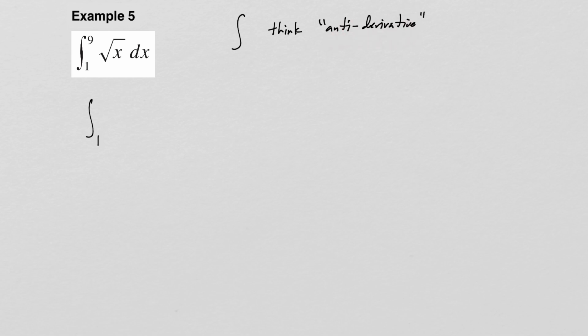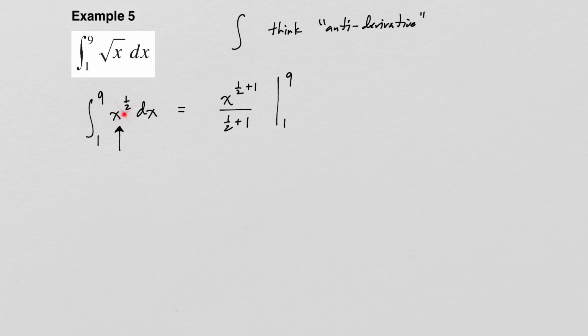So the first thing I'm going to do is rewrite this problem as x to the 1/2 dx. And let's recall that when you take the antiderivative of x to the 1/2, you need to use the power rule, which says you add 1 to the power, and then you divide by that same number, and then you evaluate this from 1 to 9. Now, as soon as I use the power rule to get the antiderivative, the integral sign itself goes away, okay?